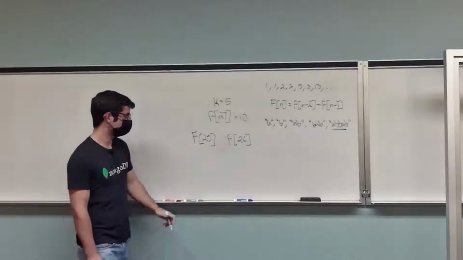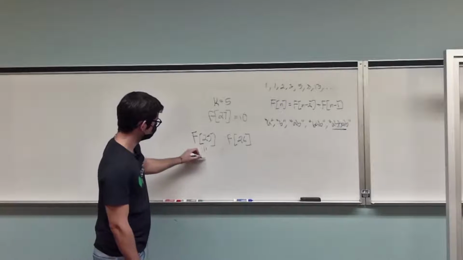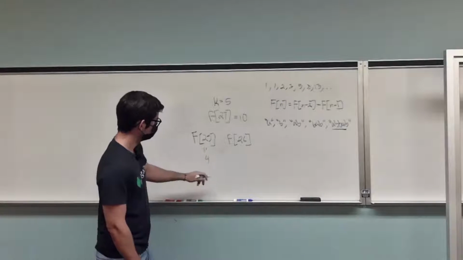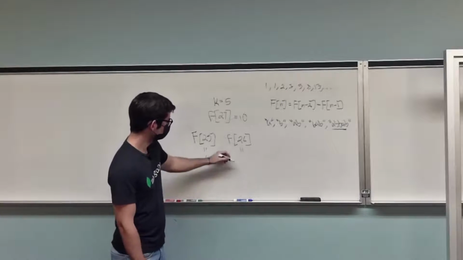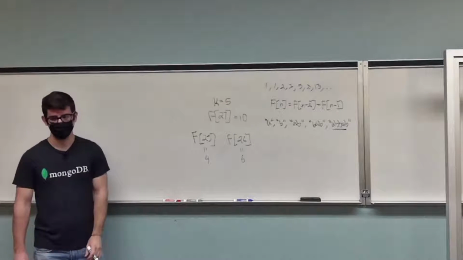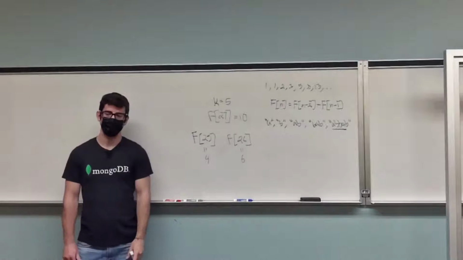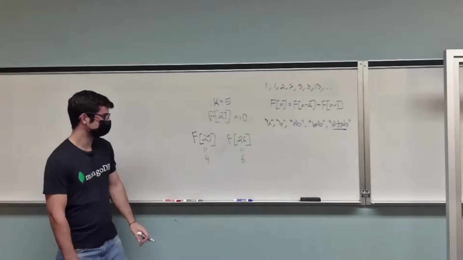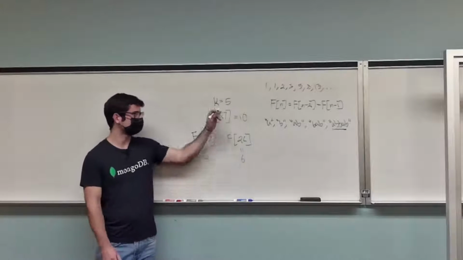Let's say f of 25 is equal to 4. Let's say f of 26 is equal to 6. Should we look at f25 or f26 if our k is 5?